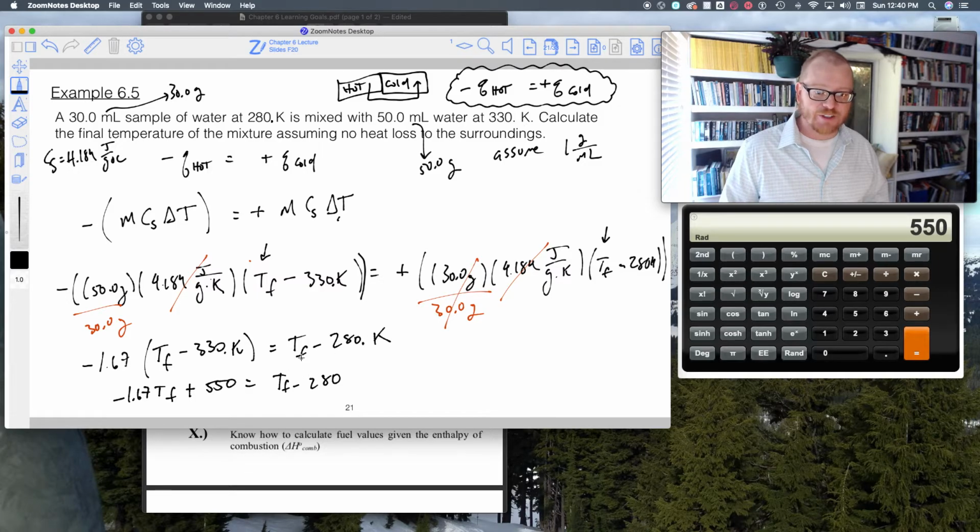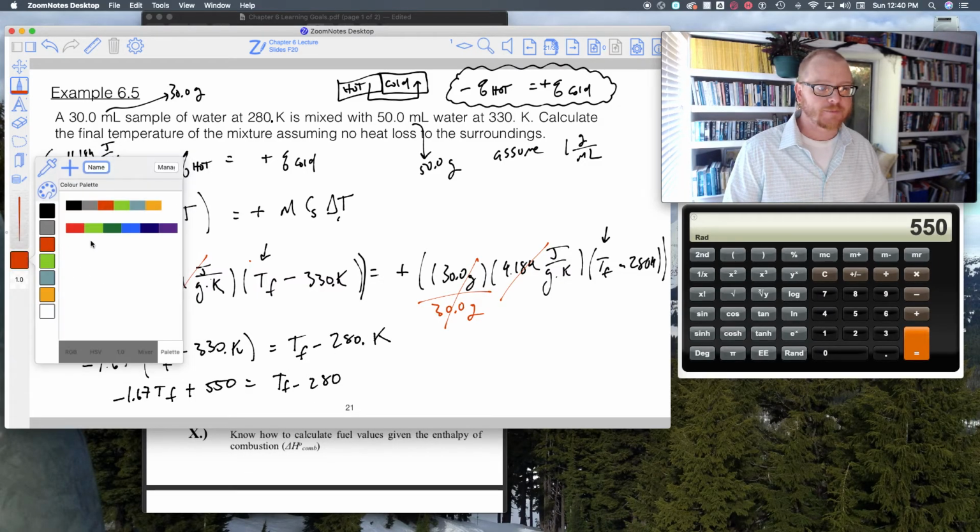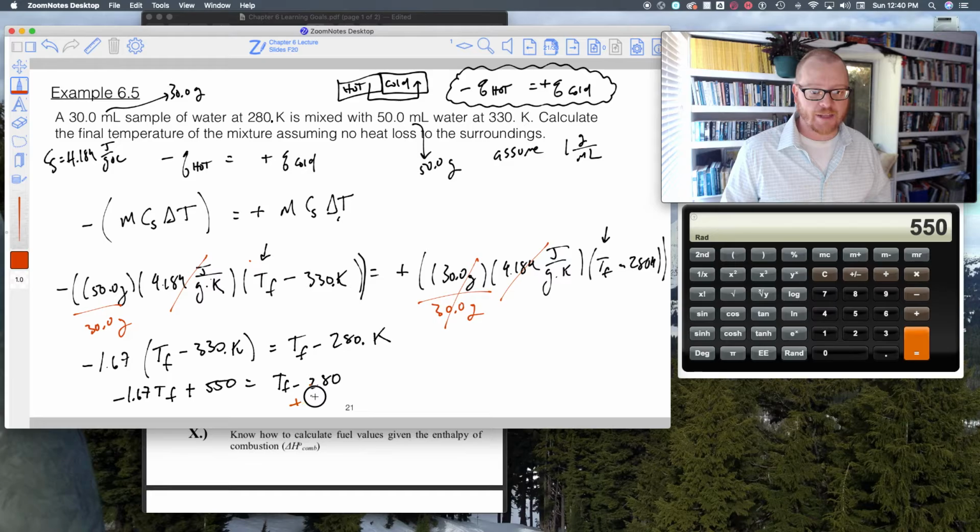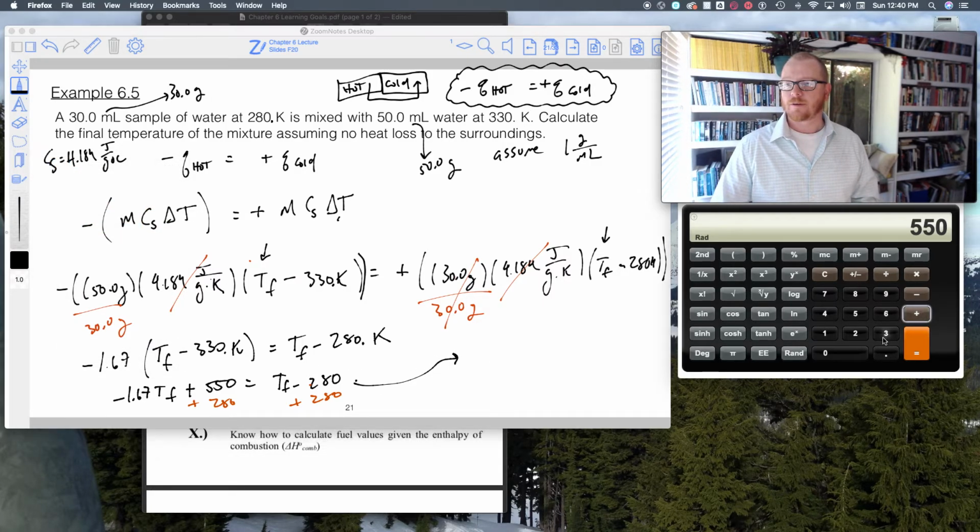So I can add the 280 over to this side to cancel that. So plus 280. And plus 280. Okay, so 550 plus 280 equals 830.